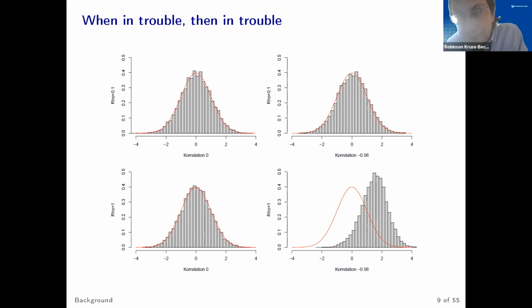And you have this strong negative correlation. And as you can guess, we are not favorable. This is telling us that the t-statistic is not following a standard normal distribution, as indicated by the red line.